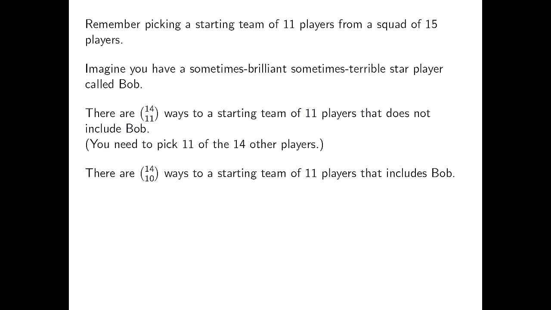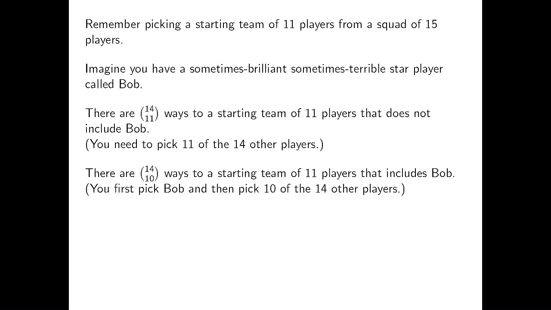Right? So this is the number of ways to pick a team without Bob. This is the number of ways to pick a team with Bob. But of course, the addition principle tells us that the number of ways to pick a team total has to be the number of ways to pick a team without Bob plus the number of ways to pick a team with Bob.